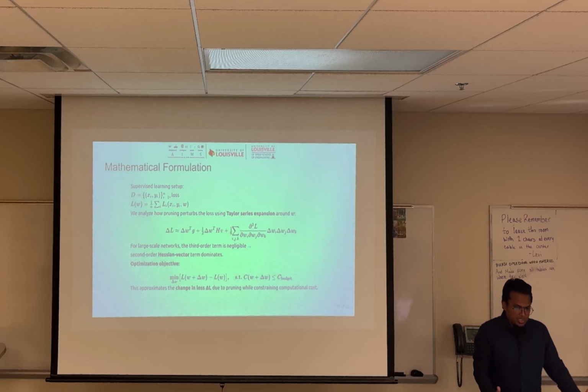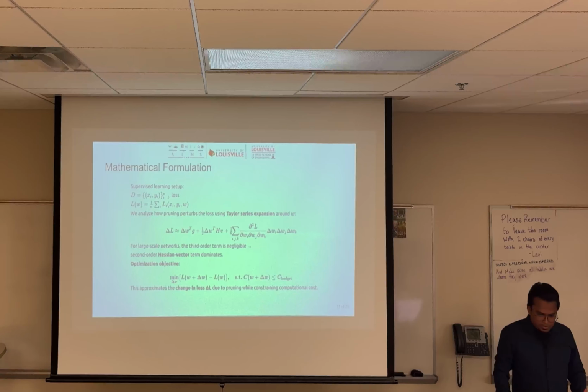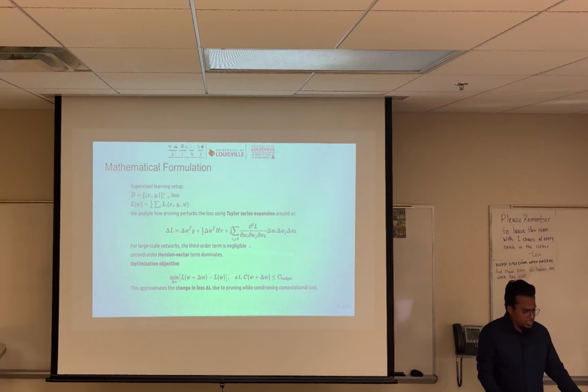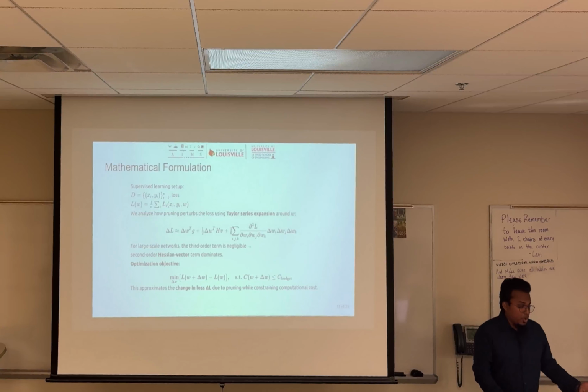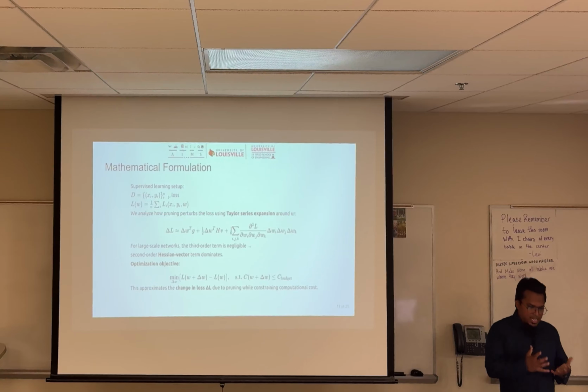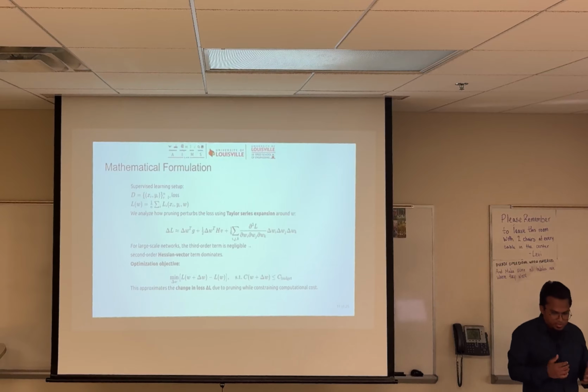We begin with a standard supervised learning formulation. Here x_i are the inputs, y_i are the labels, and n is the total number of training examples. The model has the parameters w, and the total loss is the mean of all sample losses. So far this is standard. We are just defining the landscape where the model actually lives.